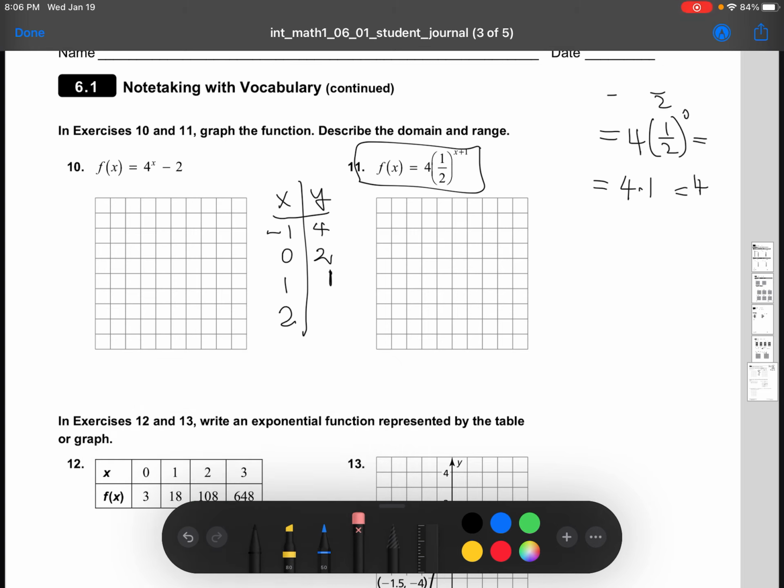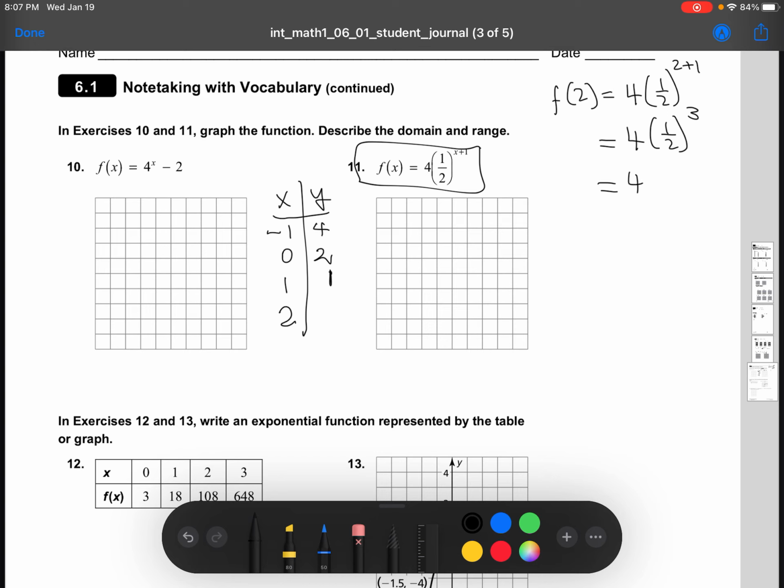And finally, we're doing our last one. When x is 2. We are evaluating when x is 2. So let's get to it. F of 2 equals 4 times 1/2 raised to the 2 plus 1. This is 4 times 1/2 cubed.